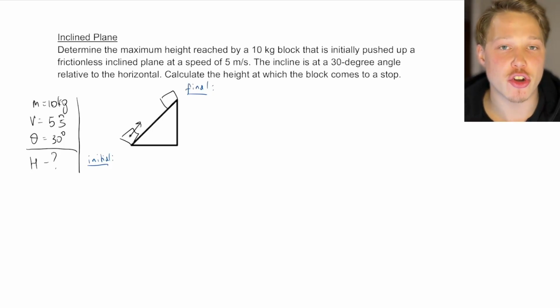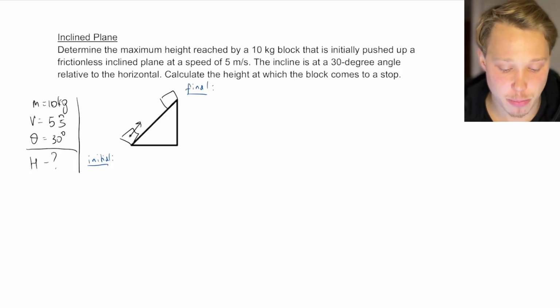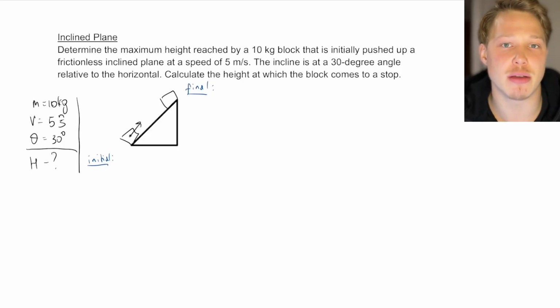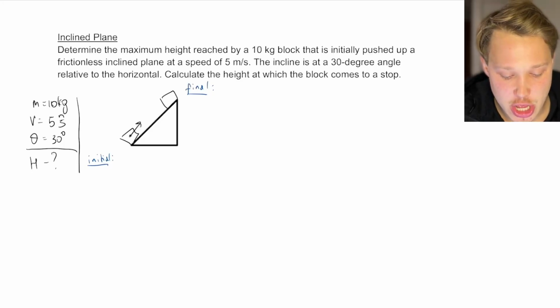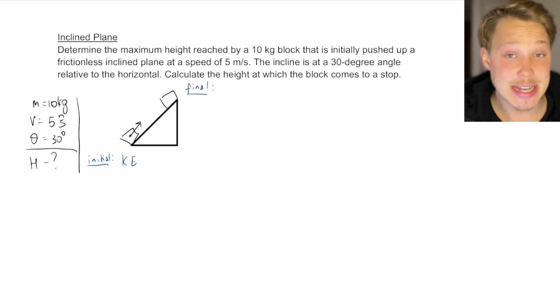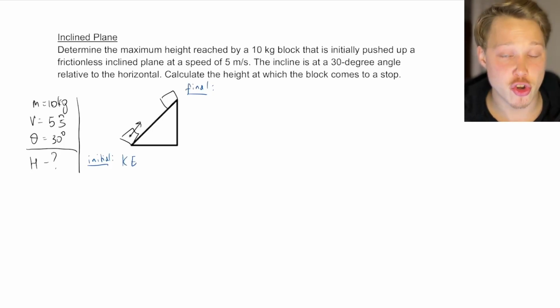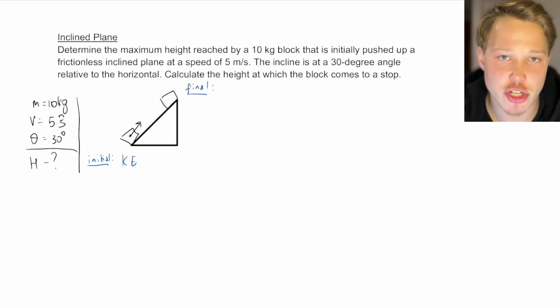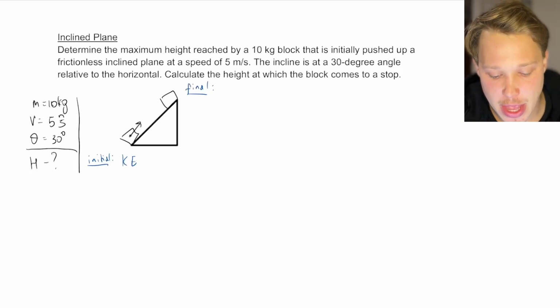So let's ask our three questions. At our initial point, does it have velocity? Well, of course, because it's being pushed with a certain velocity, so it will have kinetic energy. Does it have height? No, because it starts from the ground level, therefore no potential energy. And of course, no spring energy because there's no spring in this question.